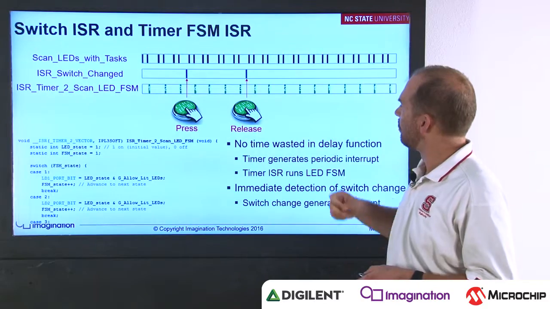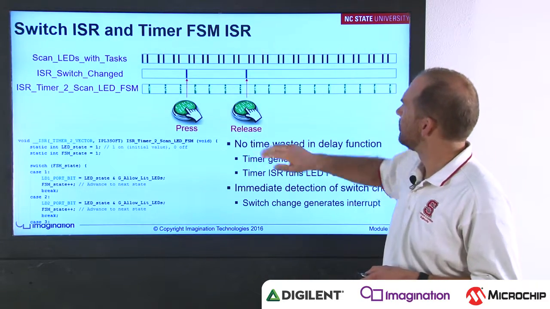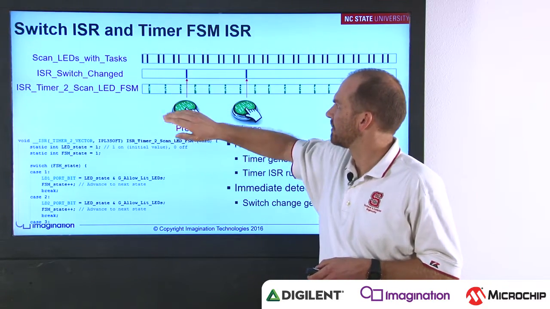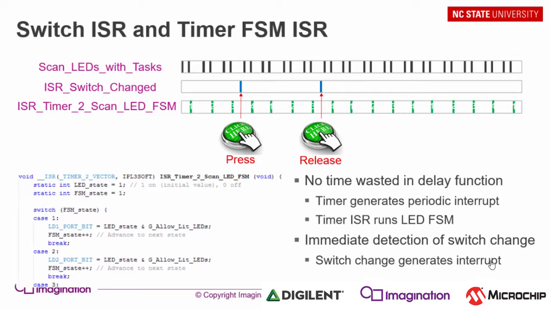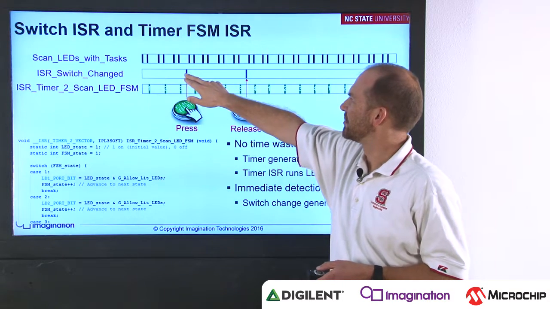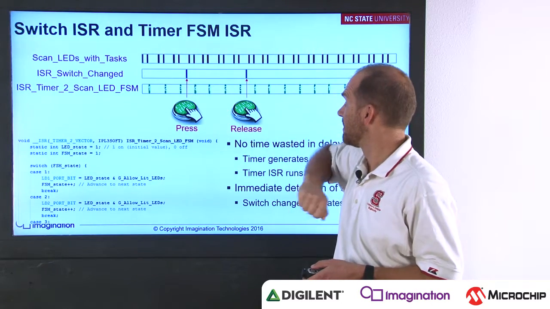So we looked at how to improve that by using a hardware timer. And with this, the hardware timer triggers an interrupt that will advance the LED scanner state machine to the next state. As a result, we end up with code that is much more efficient. Code only runs when it's really needed. So the ISR code only runs when the switch is pressed or released.